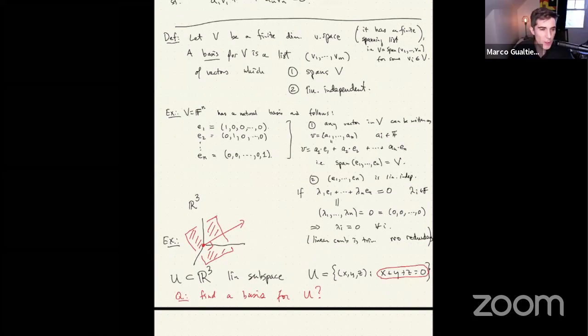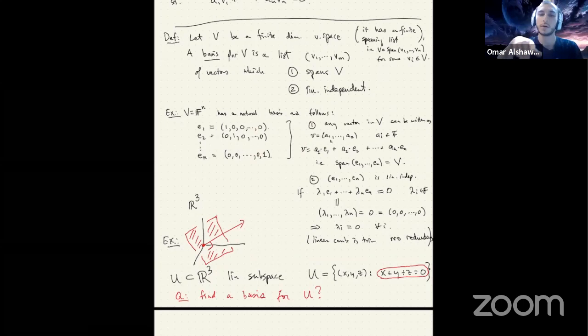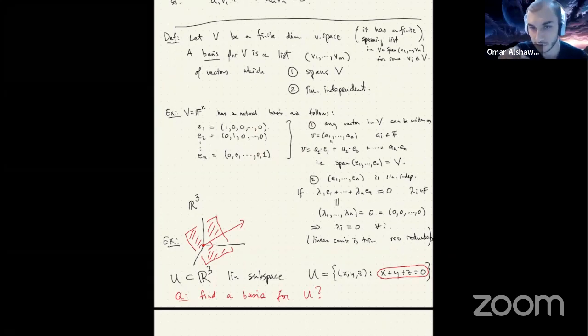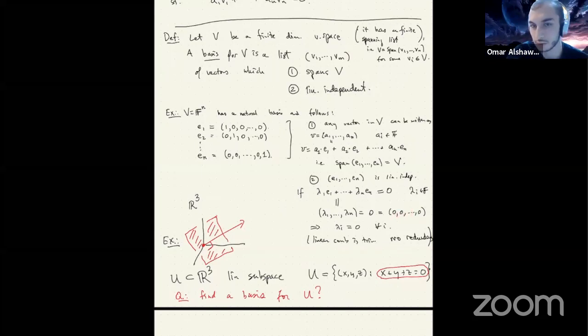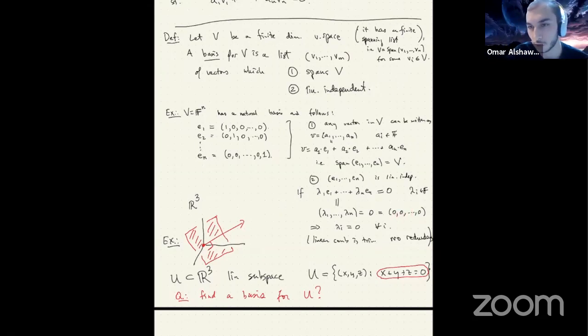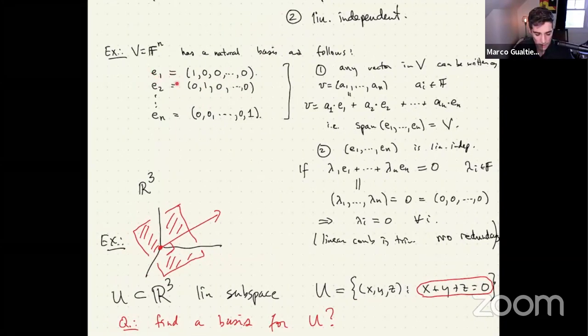Just to clarify, I'm not giving two examples here. I'm checking the two properties for it being a basis. We know lambda 1 to n is equal to 0 because E1 to En is as defined. If I take lambda 1 and multiply it by this, I'm just going to get a lambda 1 in the first entry.